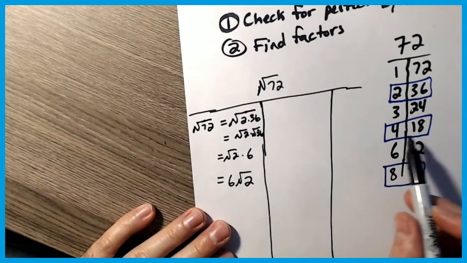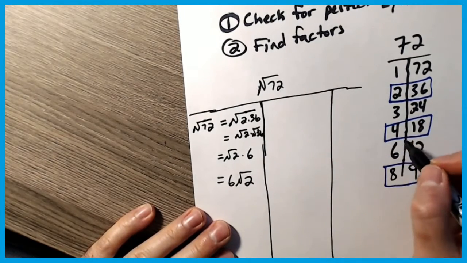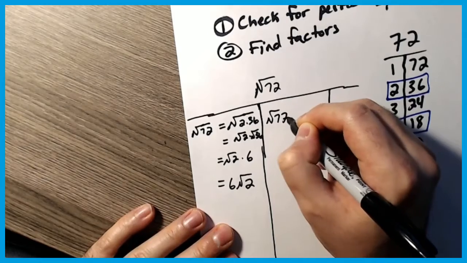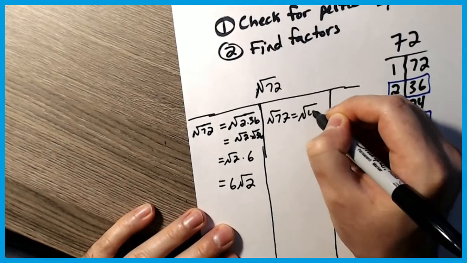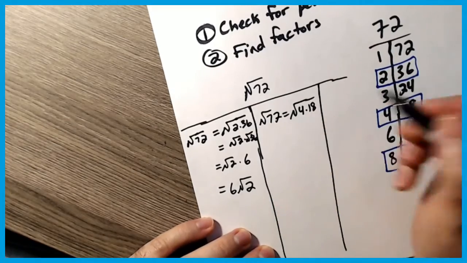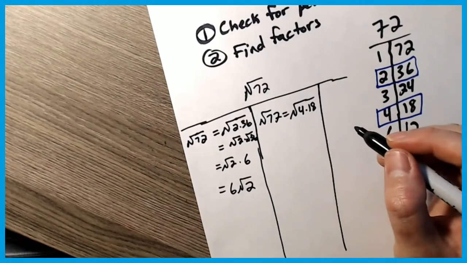But now look what happens if we use one of these. So I'm going to use 4 and 18 now. Square root of 72 equals square root of 4 times 18. It's going to work still, but you're about to see that it takes more steps.